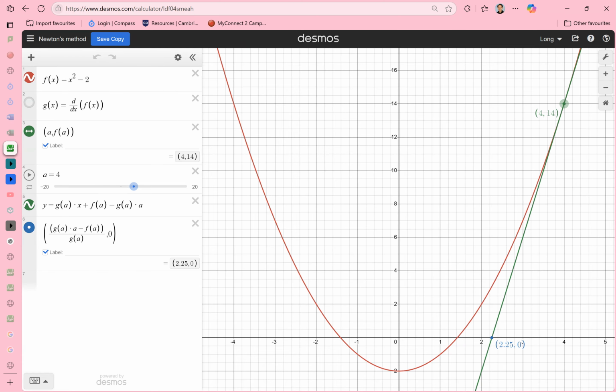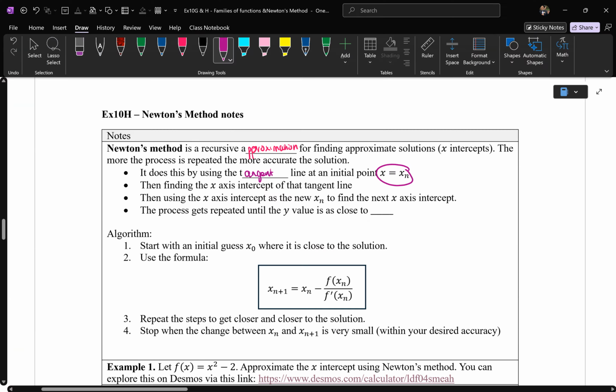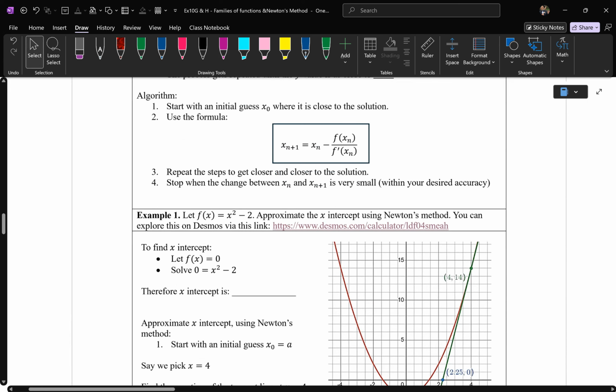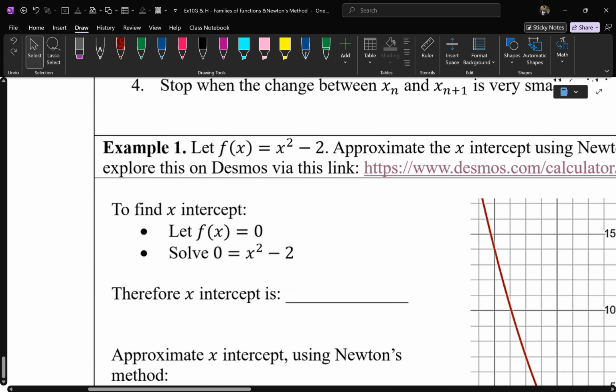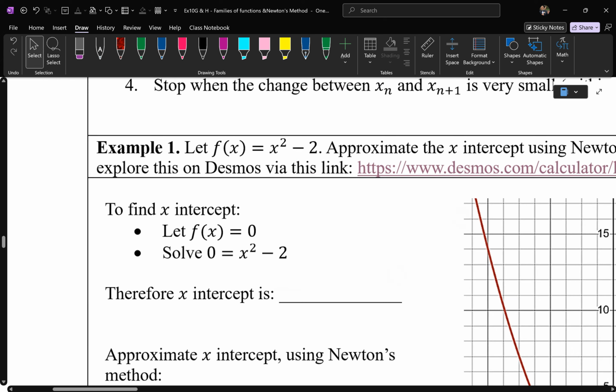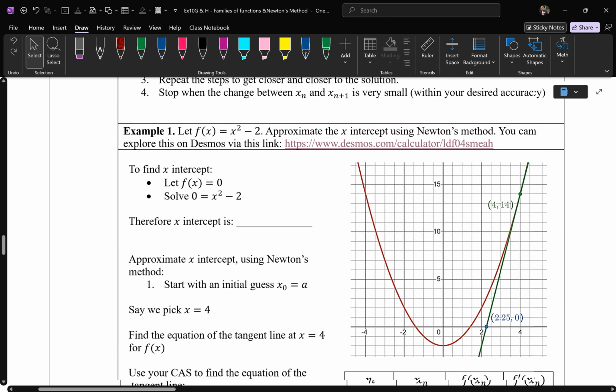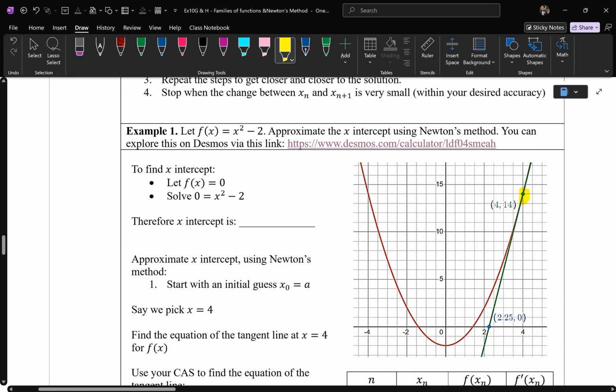So the random point I picked, to sort of guide you, was at x equals 4 on the curve. So in this question here I said, let's pick a point randomly, and I started off by picking the point 4.